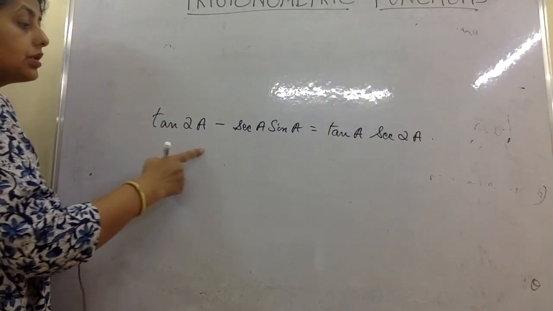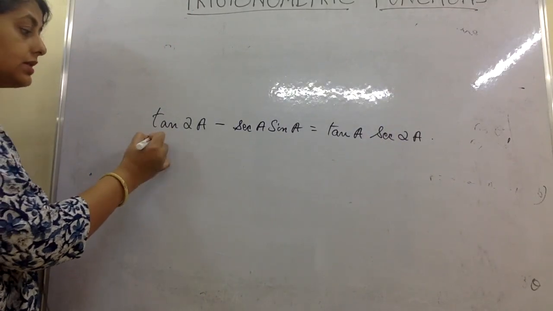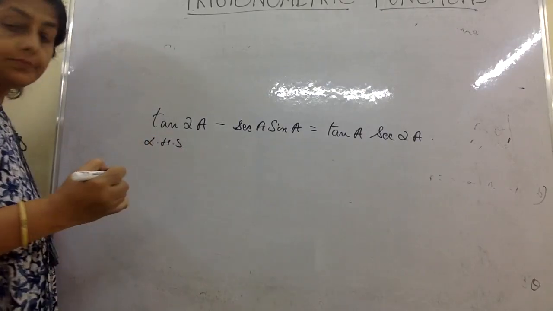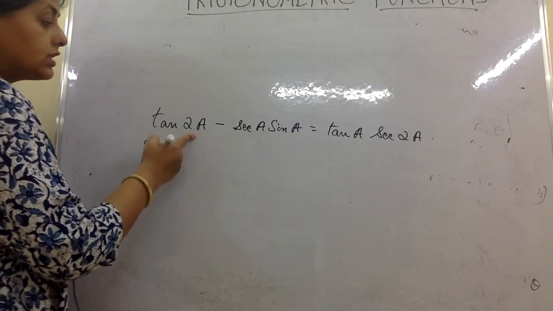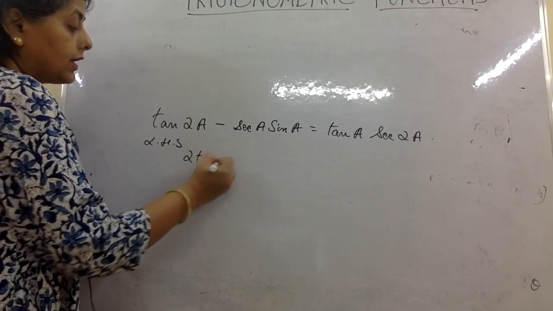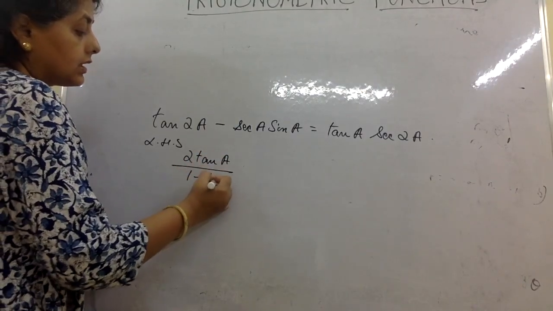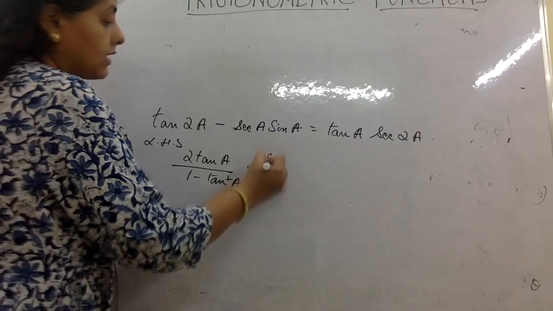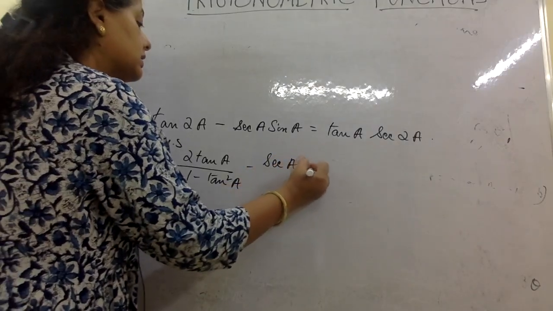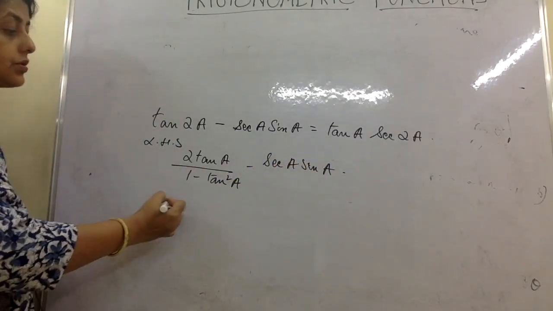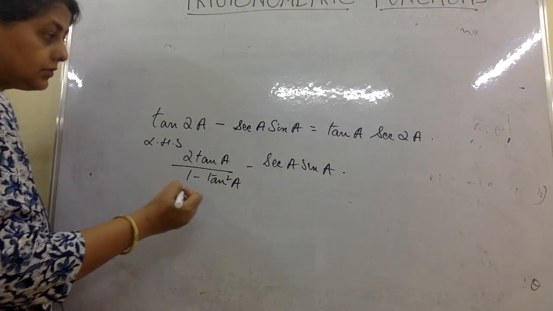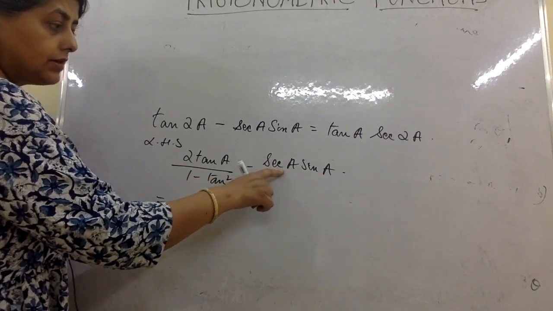Okay. So here we have to prove this. This is the bigger side. Let's start from the LHS only. So this one, according to formula, 2 tan A over 1 minus tan square A minus cot A. Okay, so here if I take this down, I get another tan A, right?